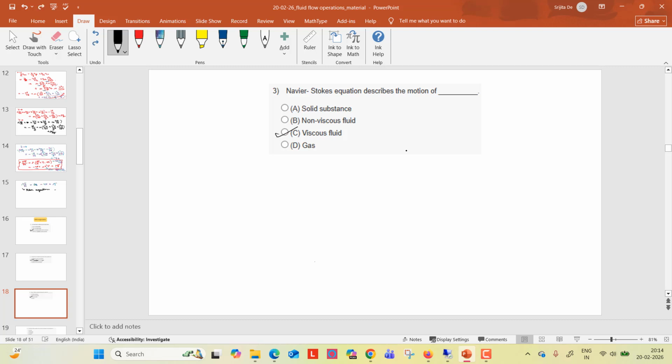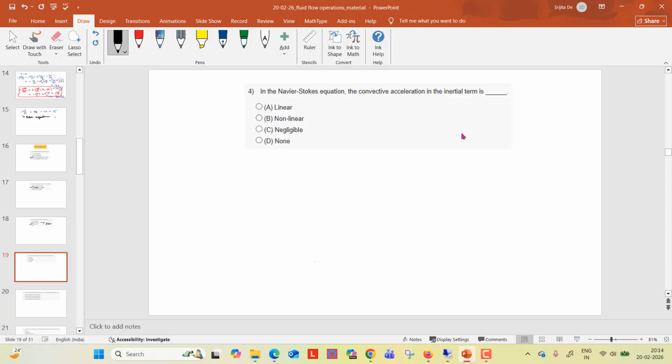For non-viscous fluid, we have just seen it is the Euler equation. Next, in the Navier-Stokes equation, the convective acceleration in the inertial term is linear, non-linear, negligible, or none.